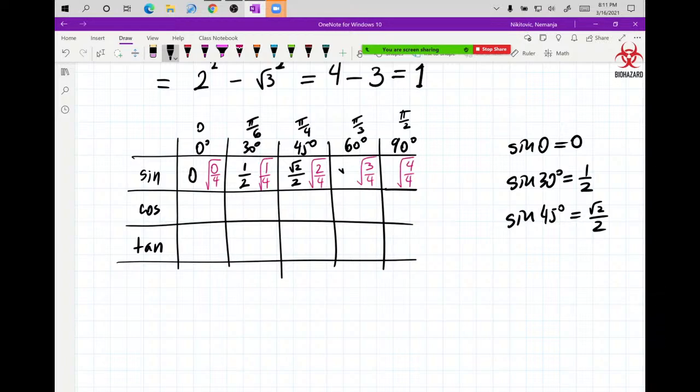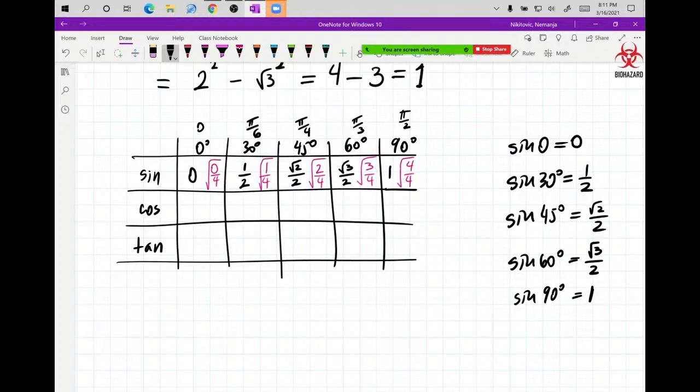Okay, square root of 3 I can't take, square root of 4 is 2, so I have sine of 60 degrees is square root of 3 over 2. And finally, 4 divided by 4 is 1, square root of 1 is 1, so sine of 90 degrees, which is pi over 2, is 1.